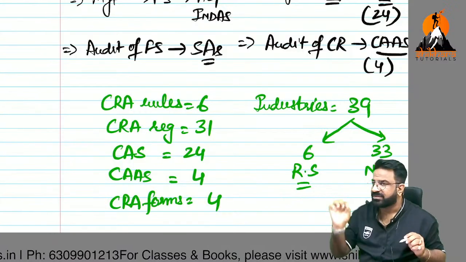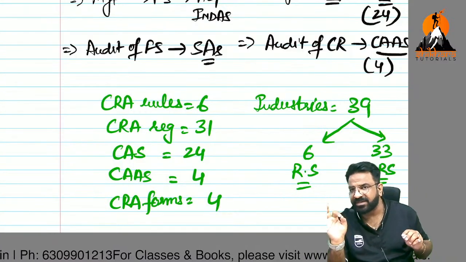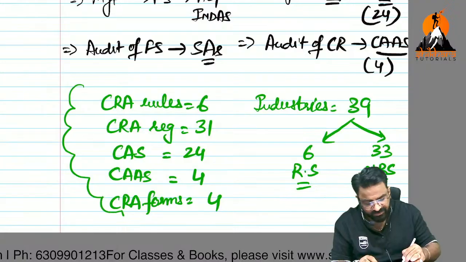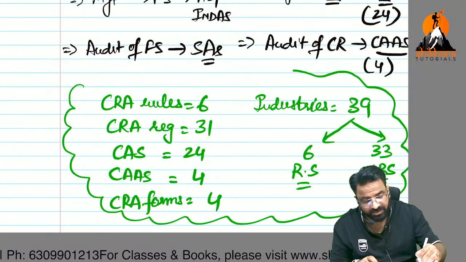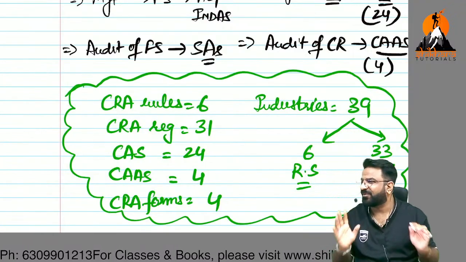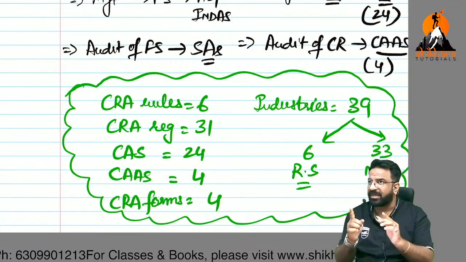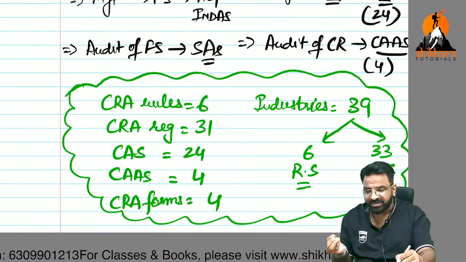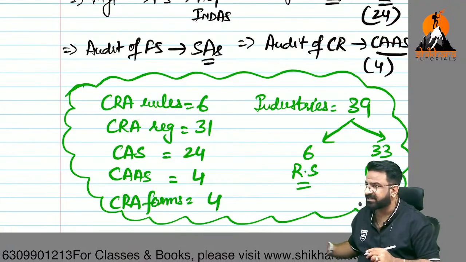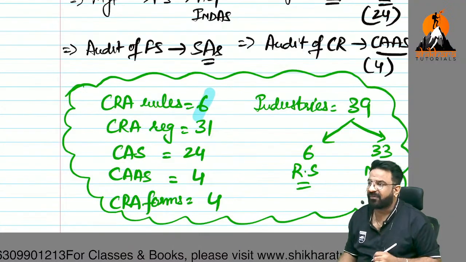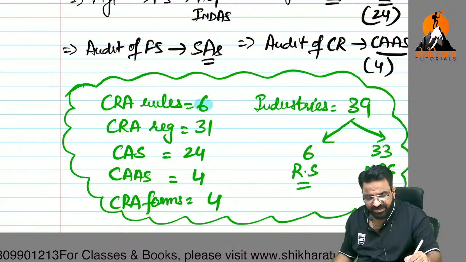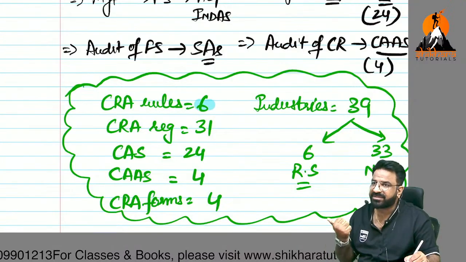First of all, just repeat it 2 times and understand this is what our world is all about. This is the world of a cost accountant. So the cost accountant's and CMA's world revolves around these 6 facts. Fact number 1, how many CRA rules? 6 rules. How many CRA registers? 31.